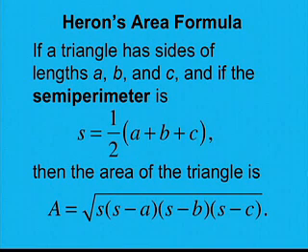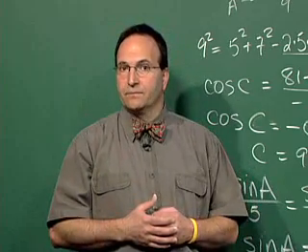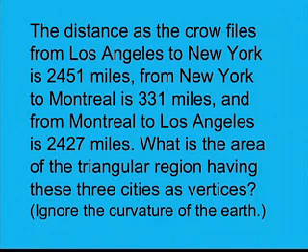The best way to get familiar with this formula is to look at an example. So we have the distance as the crow flies from Los Angeles to New York is 2,451 miles. From New York to Montreal is 331 miles, and from Montreal to Los Angeles is 2,427 miles.